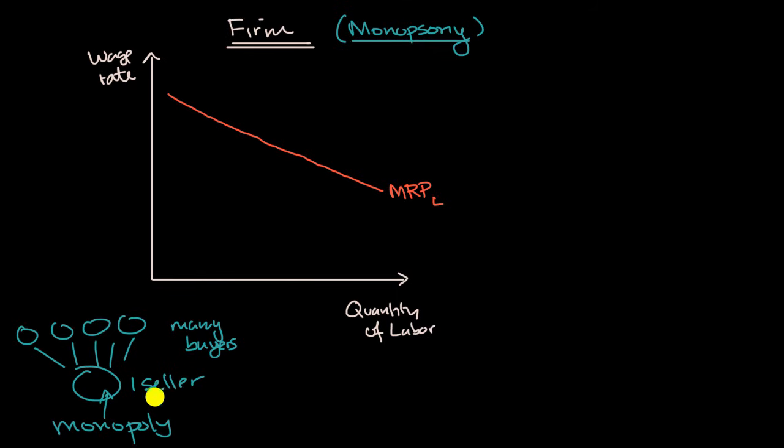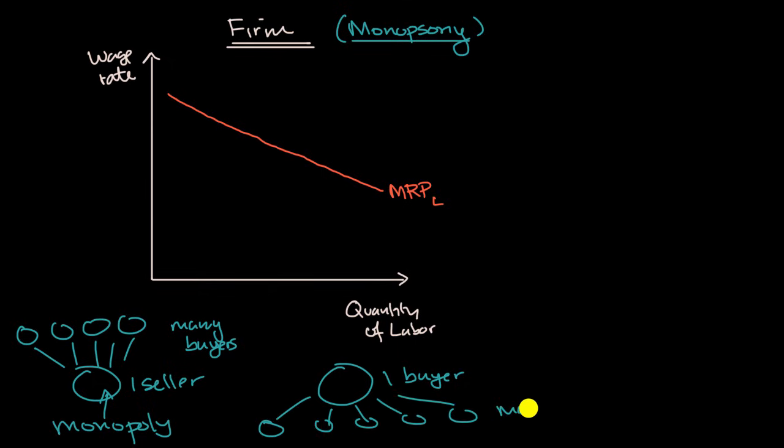A monopsony is when you have one buyer and many sellers. So this right over here is a monopsony firm. And in the context that we're talking about, labor markets, instead of saying one buyer, you could say one buyer of labor, so one employer, and the sellers of labor are many potential workers.